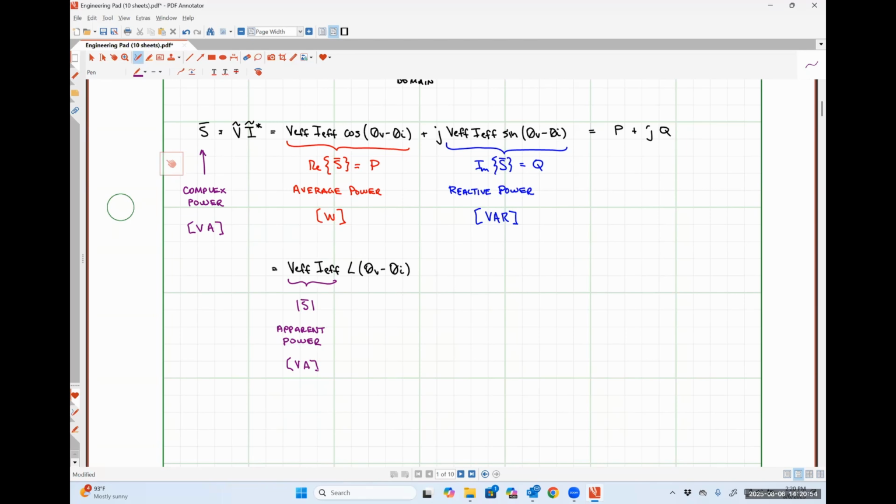The last part here, this angle, is commonly given the symbol theta S, and it is what's known as our power factor angle. It's usually measured in degrees, although there's nothing stopping us from expressing it in radians.